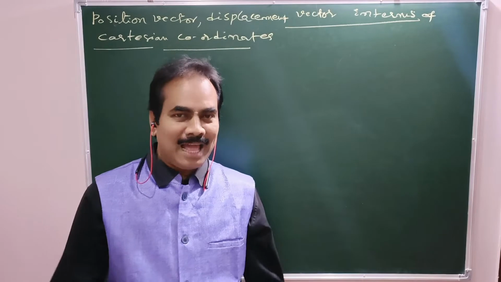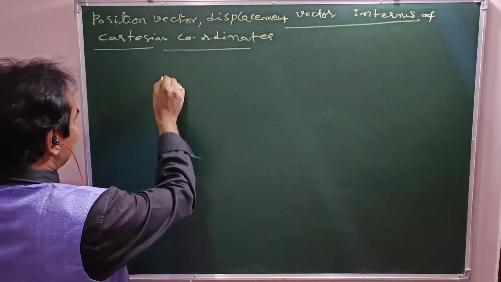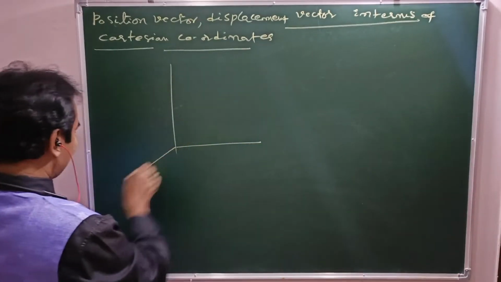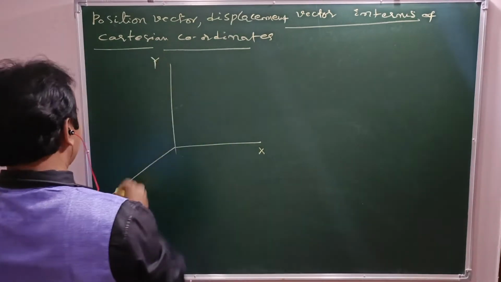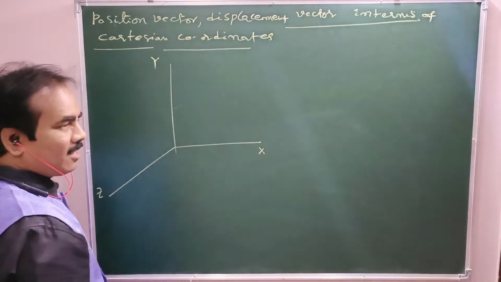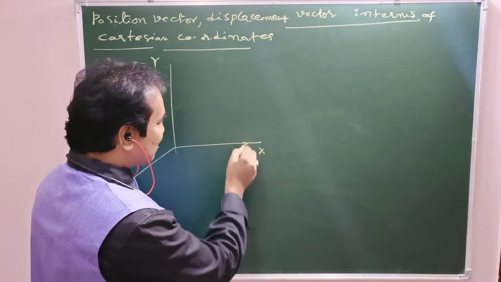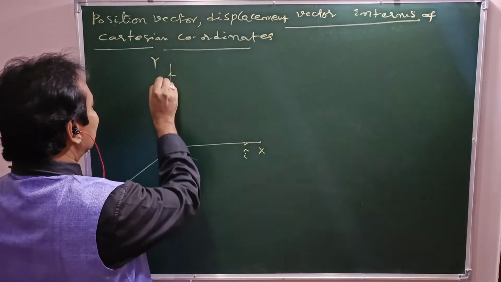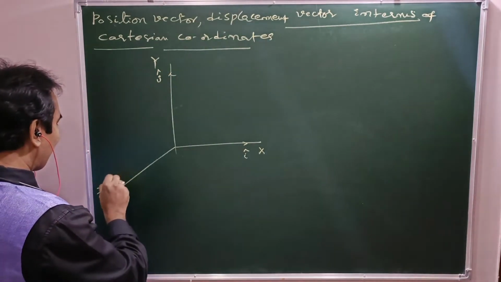For that, I am going to draw the Cartesian coordinate axes. This is the x axis, this is the y axis, this is the z axis. As I told you, the unit vector along the x axis is i cap, along the y axis is j cap, and along the z axis is k cap.